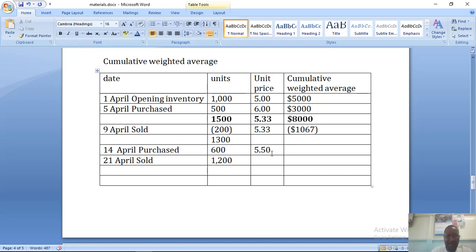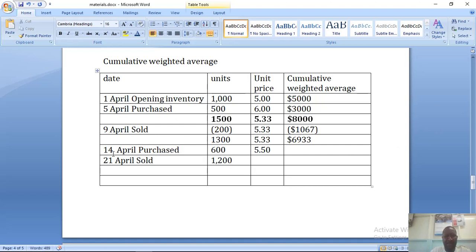These 1,300 units are valued at 5.33. Then 8,000 minus 1,067, we should remain with $6,933 as the value remaining.